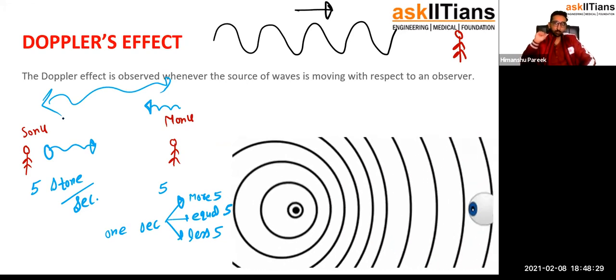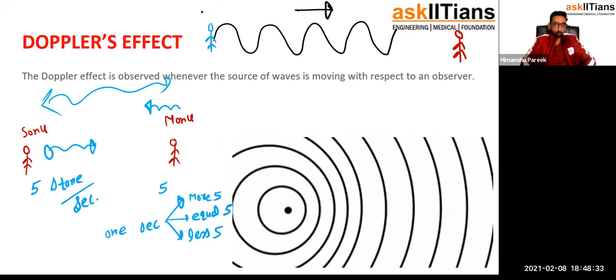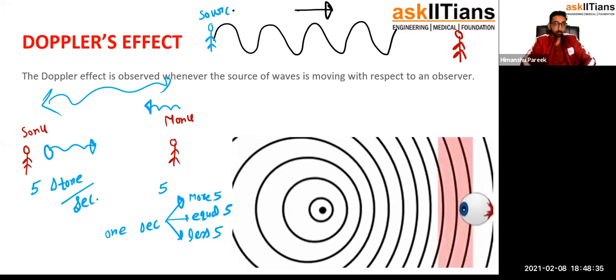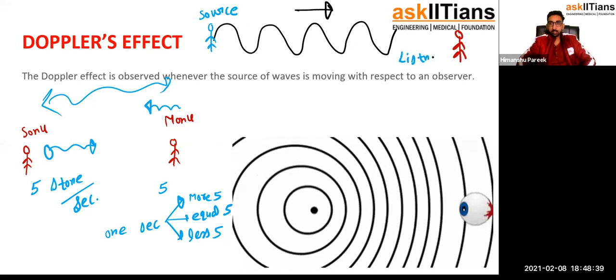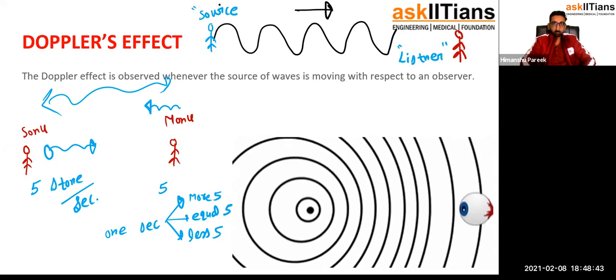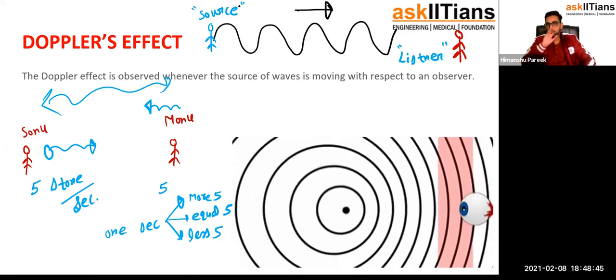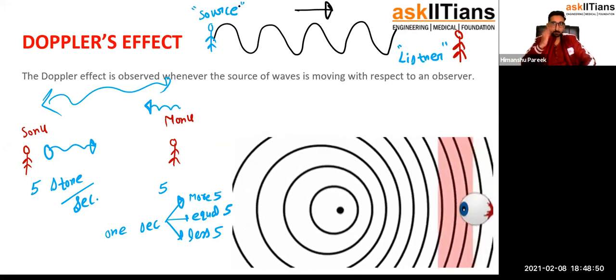Similarly it happens with the wave also. Let's say here we have the source. Source means the person who is producing the sound. And here we have the listener, the person who is listening to the sound. What is the listener getting? Vibrations per second.